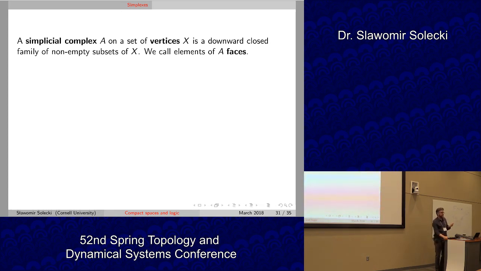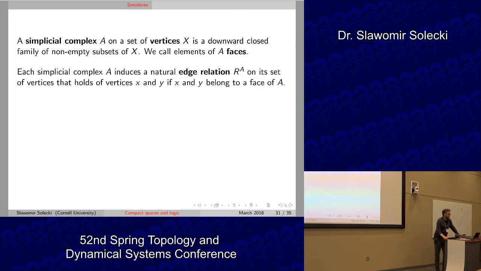So how would you define a simplex there? Simplicial complex, this is the usual thing, a downward closed family. So notice if I have any simplicial complex, I have the edge relation. I will have a distinguished binary relation there that I need. This is just: two points are related if the edge is a face of the simplicial complex.